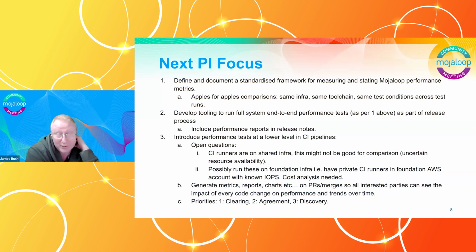So I think I already mentioned our current lowest priority is to have those lower component level tests running in the CI pipelines. That's a nice to have for us at the moment. As long as we have a repeatable process that could be manually triggered at those bigger quality gates when it comes to release, we can see the performance changes that get rolled up into a particular release.